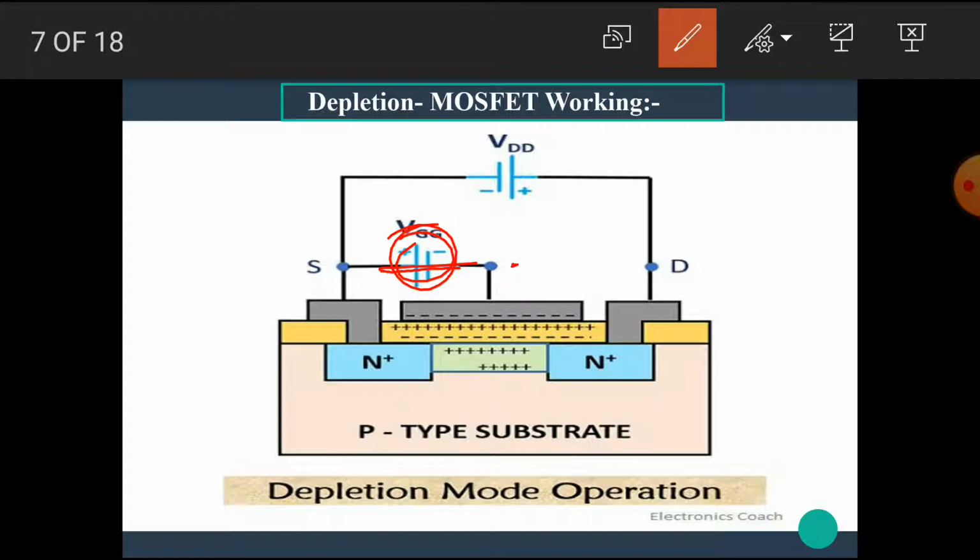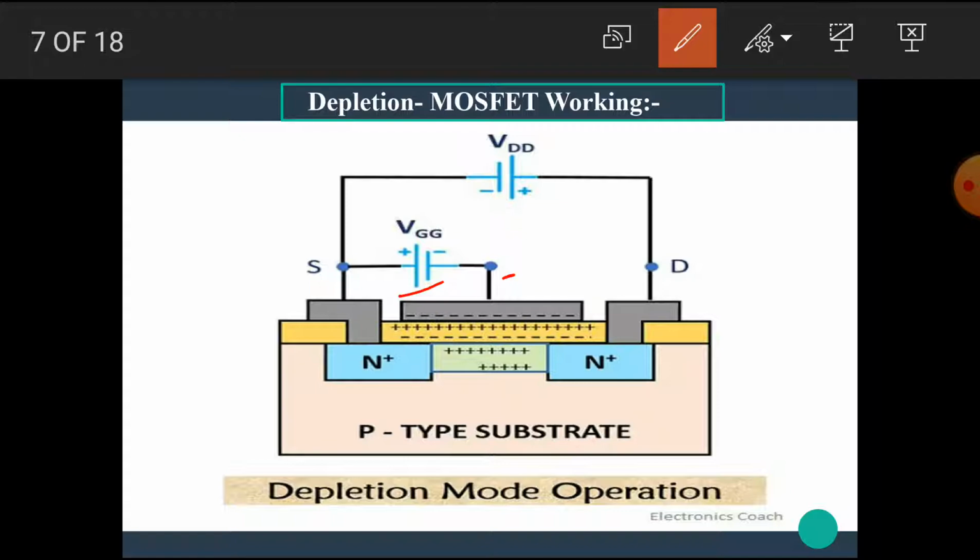That means the drain has a positive potential, and this positive potential attracts the electrons from the N region. This is the direction of electron flow. I hope you all remember these things. Now let's consider the next case where a small negative potential is applied to the gate terminal.